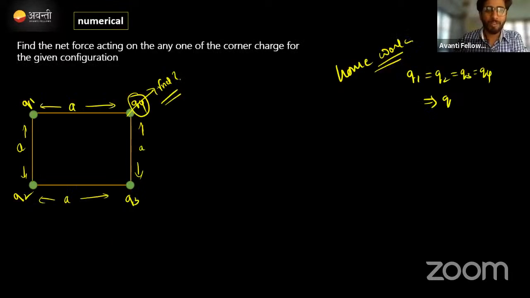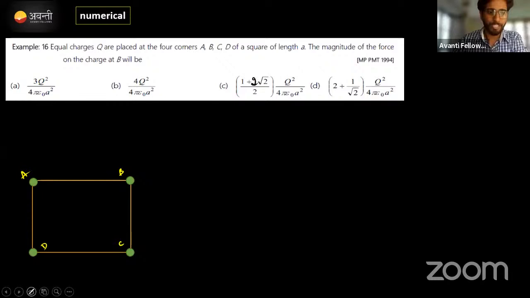एक कॉर्नर वाले के फोर्स निकालना है ना हमको on this one. Okay, we'll solve this one. Look here. Each side I have given as A. Correct? A is each side.